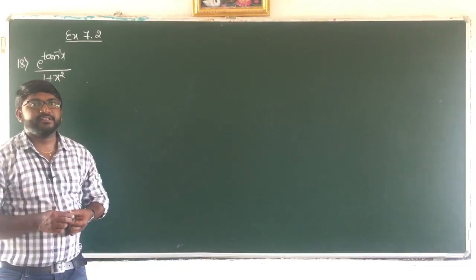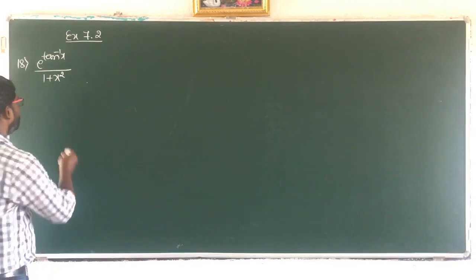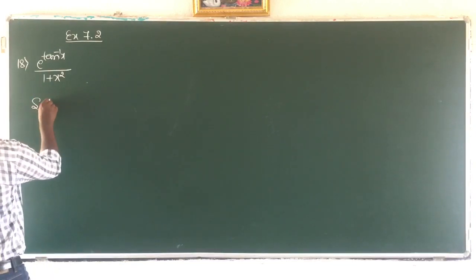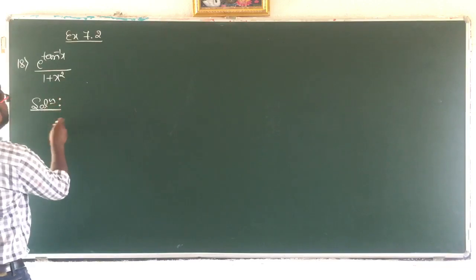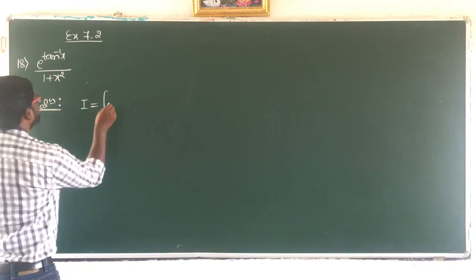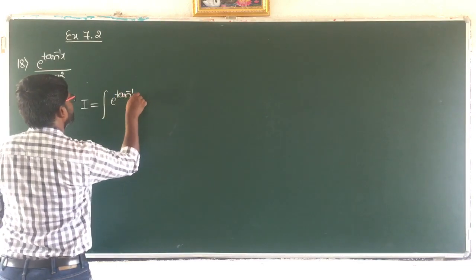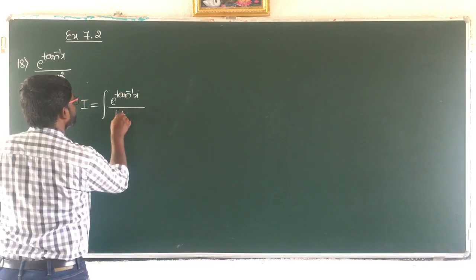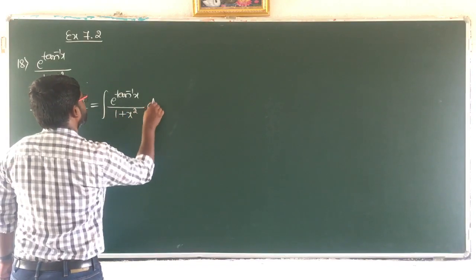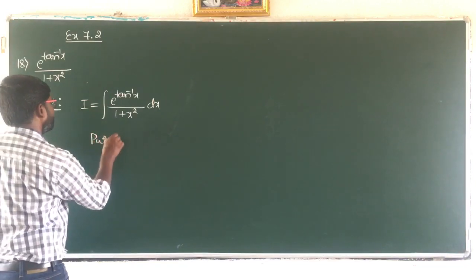18th question, it is e raised to tan inverse x divided by 1 plus x square. So consider this as I. Here I is equal to the integral of e to the power tan inverse x divided by 1 plus x square dx. So now put tan inverse x equal to t.